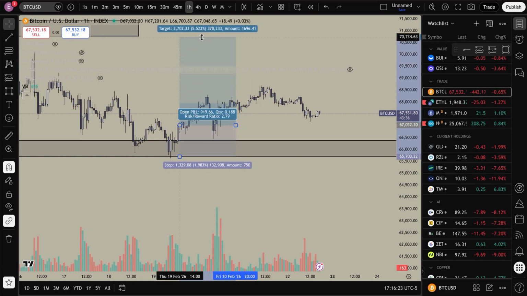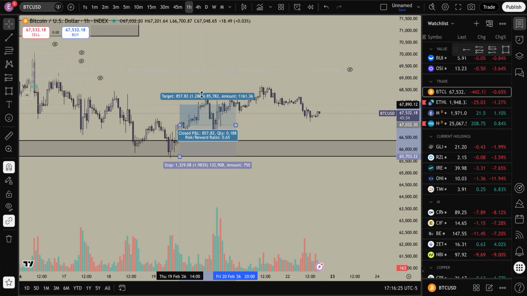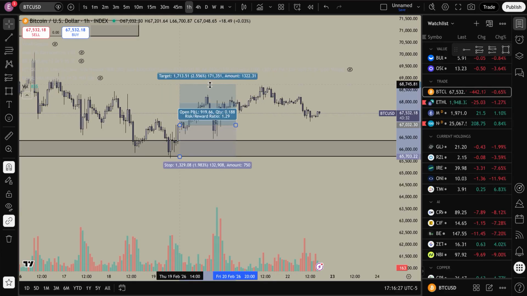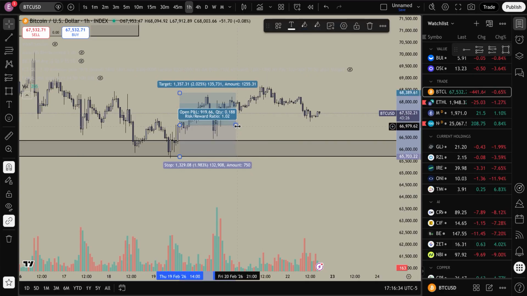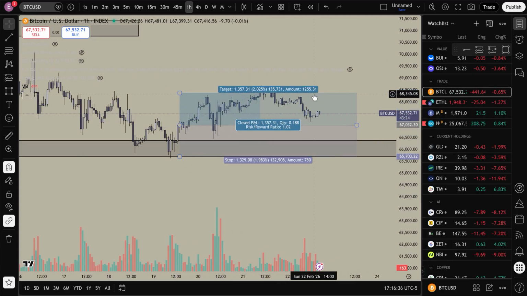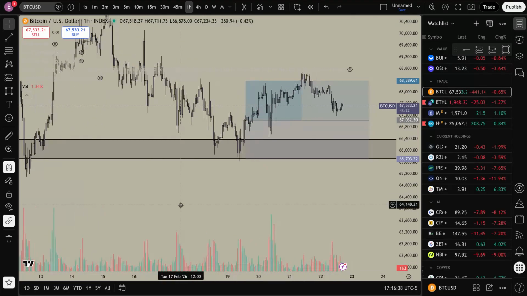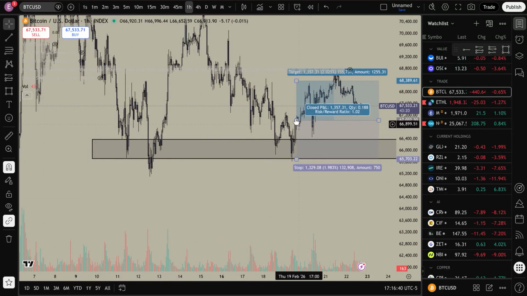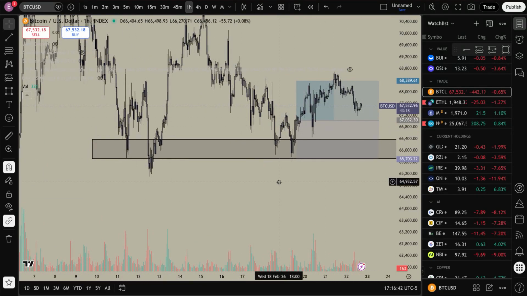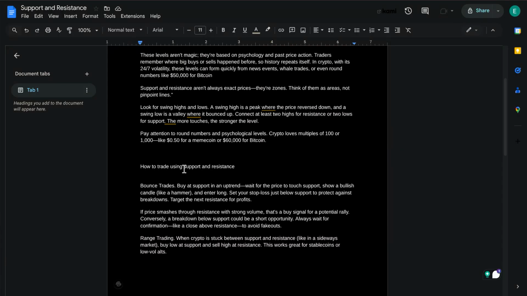And although you could target here, I like to target a 1-to-1, which eventually would have gotten hit. This is a classic example of a bounce trade. You see it hit a level of support, bounce right back up. Great example.